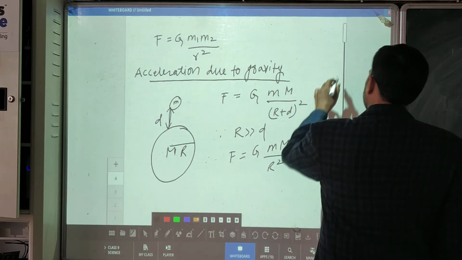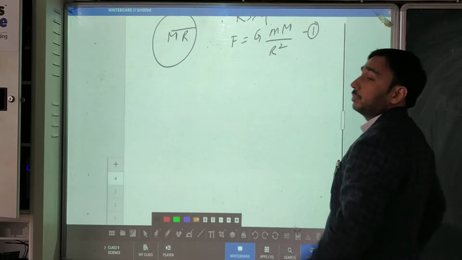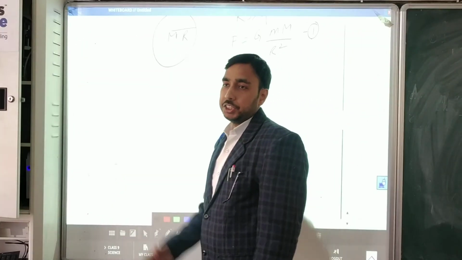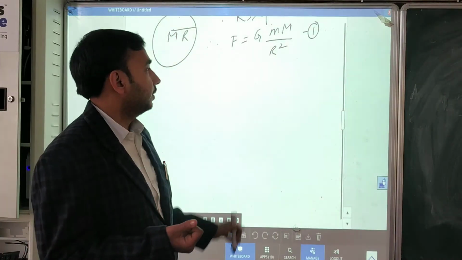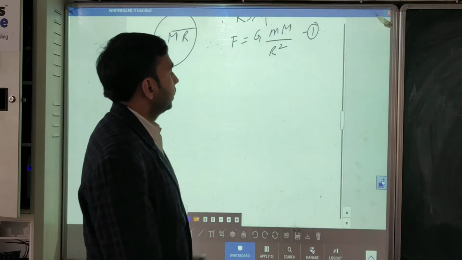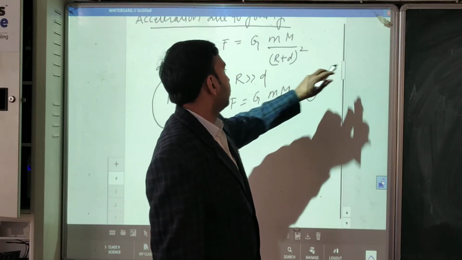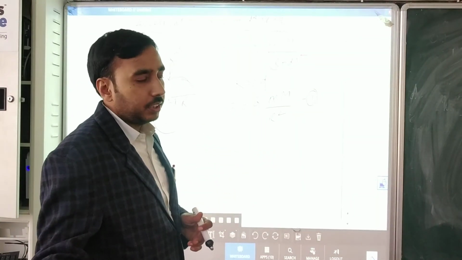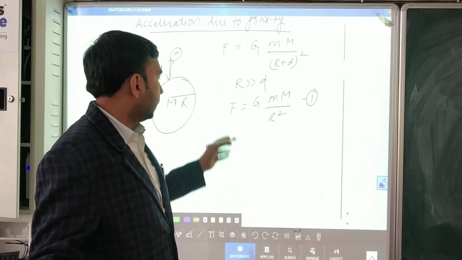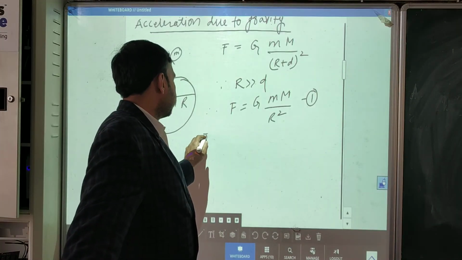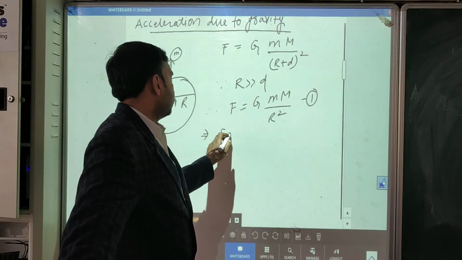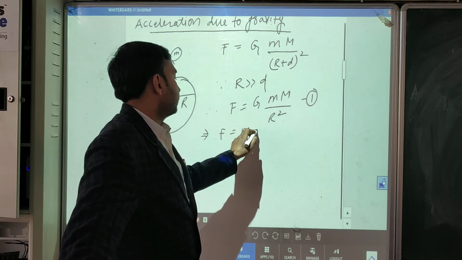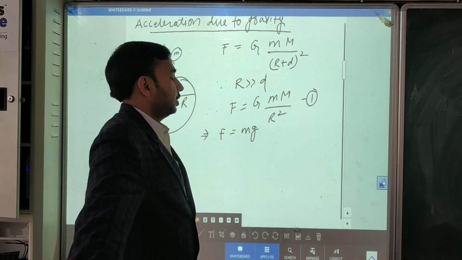But this force itself is responsible for the acceleration that has been produced in the body. The body has been dropped from that height. So if we drop the body from this height, it acquires an acceleration, and the force is equal to mass times the acceleration due to gravity.